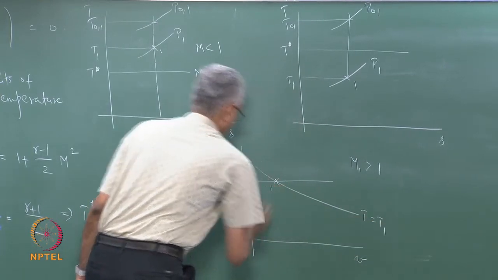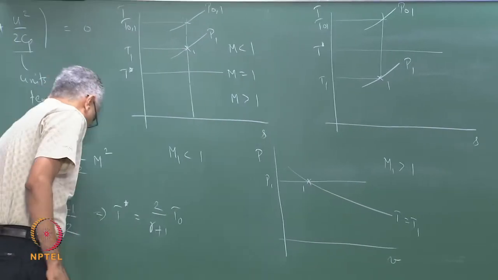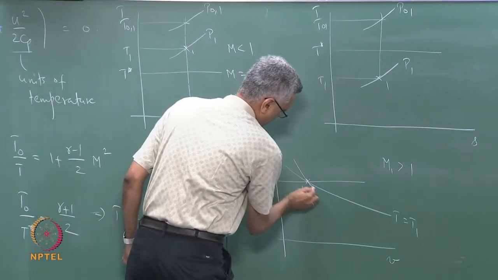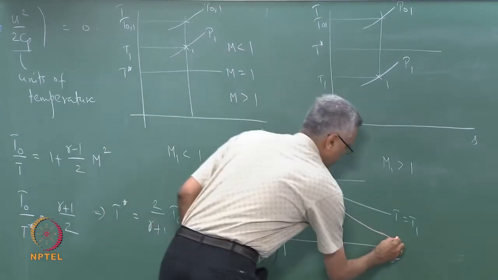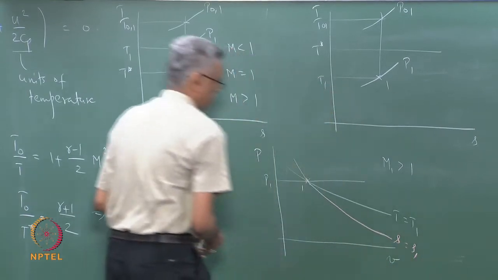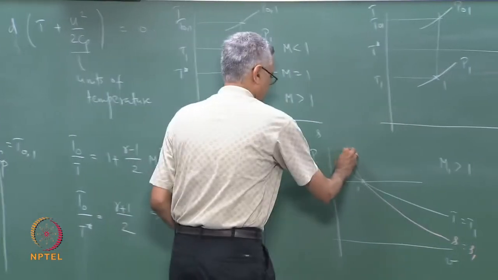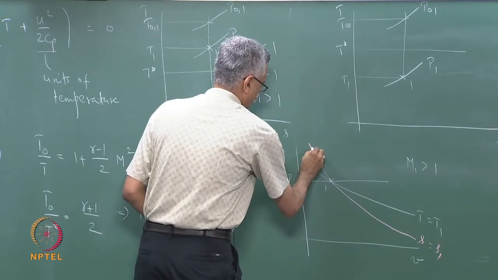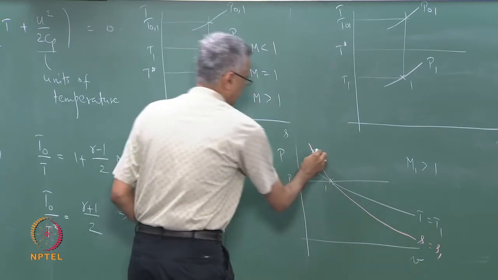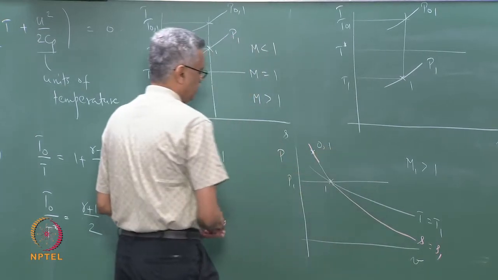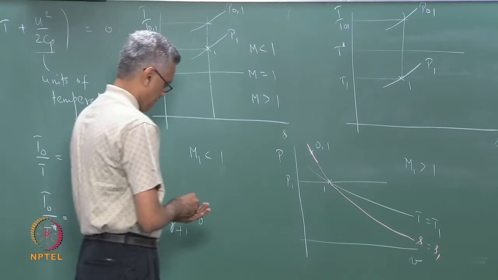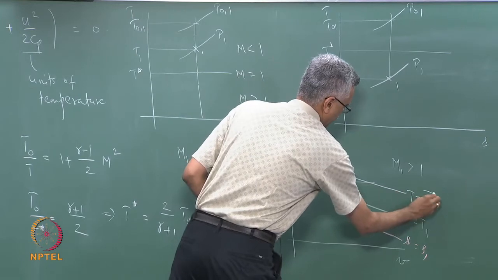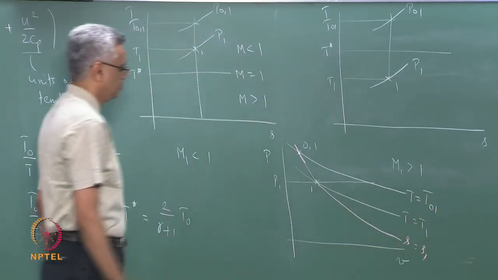So, that state 1 falls here, and let us say that this is my isentrope corresponding to S equal to S1. So, I travel along this isentrope up to this point, that is the stagnation state 0, 1. So, this is the isotherm corresponding to T equal to T01.